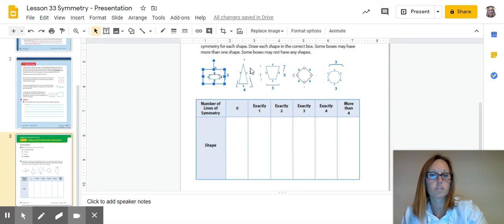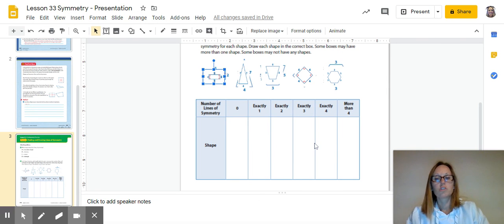There's only 1, 2, 3, 4, 5 shapes. And yes, there's 1, 2, 3, 4, 5, 6 columns. So you know that you're already going to have a column that doesn't have a shape. You put each shape in one column, but some of them might be like, you might have 2 that have no lines of symmetry, or you might have 2 that have 1 line of symmetry. So you can have more than one answer in a column, and there can be some columns with none.